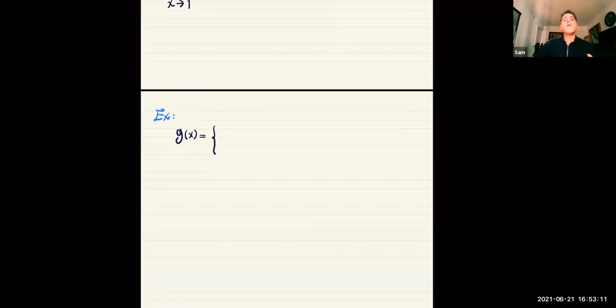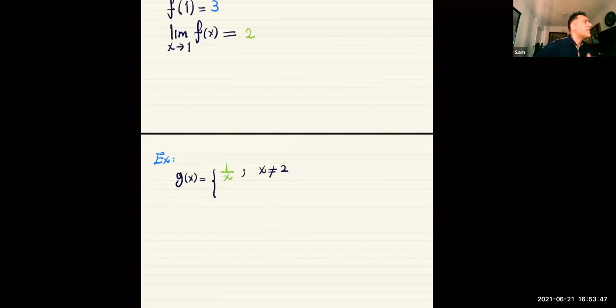All right, so let's go with maybe the same function. Or maybe I can go with the graph of 1 over x. Yeah, let's just do that. So let's say g of x is 1 over x when x is not equal to 2. Now I'm hoping that you guys know the graph of 1 over x.